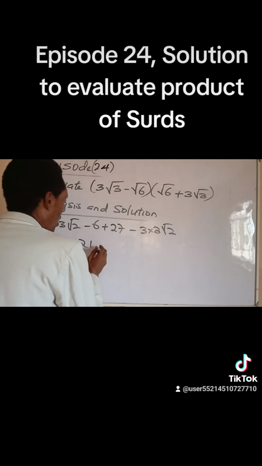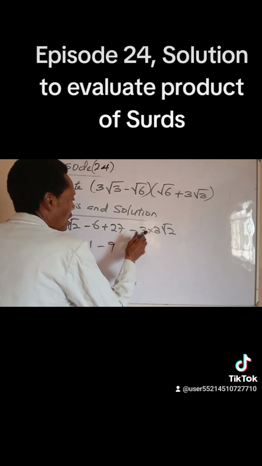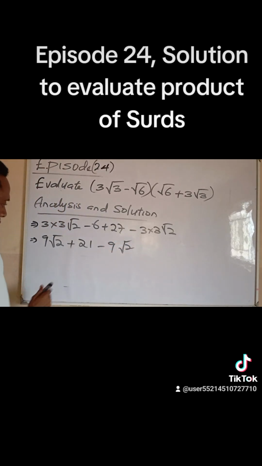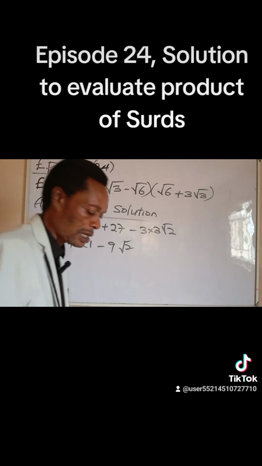Then here you have minus 9√2, from 3 times 3√2. There is a plus 9√2 and a minus 9√2, so they cancel each other. Our answer will be 21. That is the answer to this question.